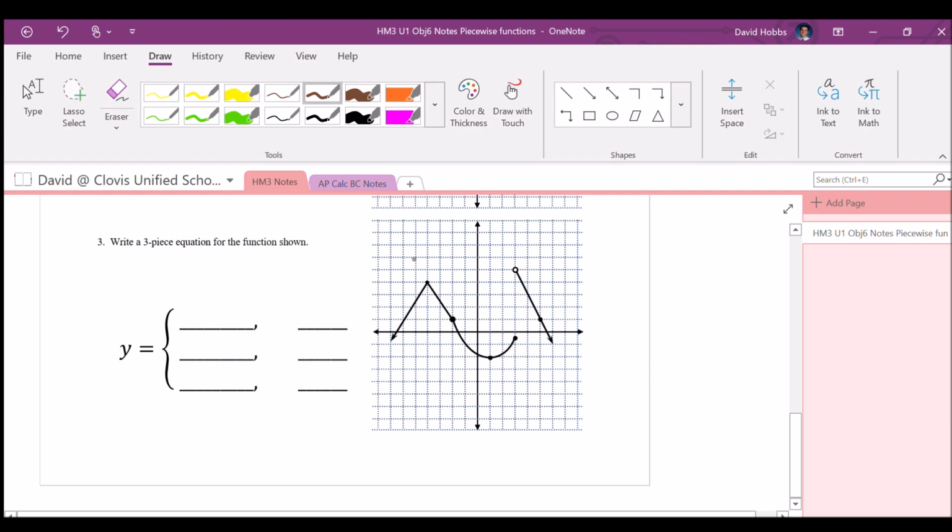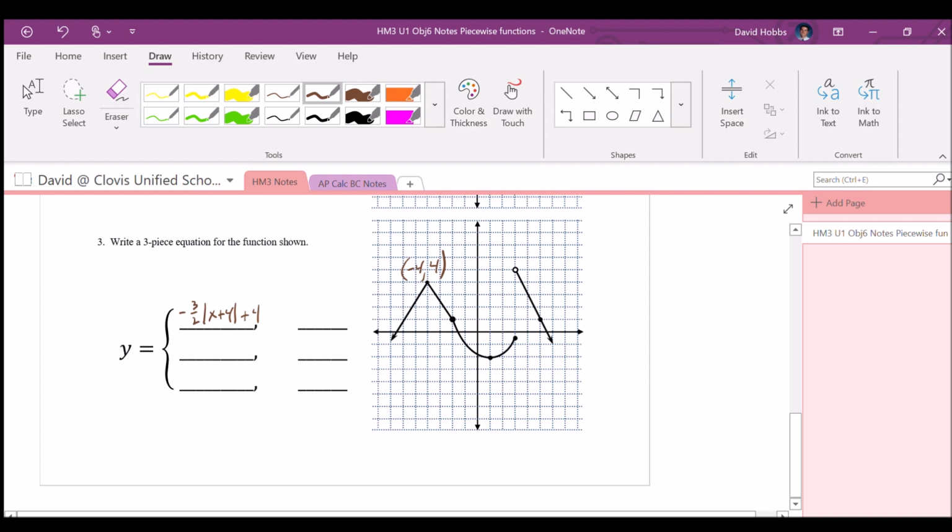Okay, so first off, what's this? Isn't that, let's see, 1, 2, 3, 4: vertex negative 4, 4. And the a value, it's linear, so aren't we going down 3 and over 2? Down 3 and over 2. So y equals negative 3 halves absolute value of x plus 4, plus 4.